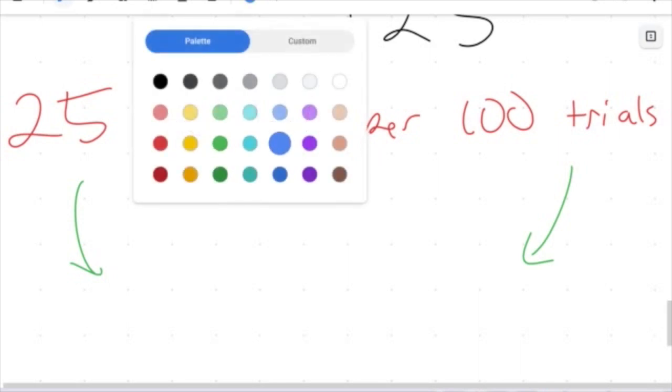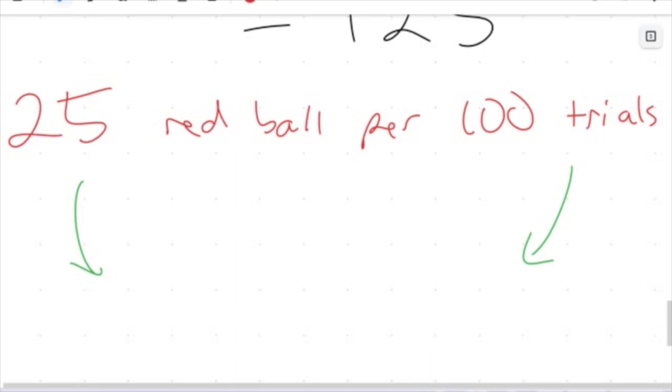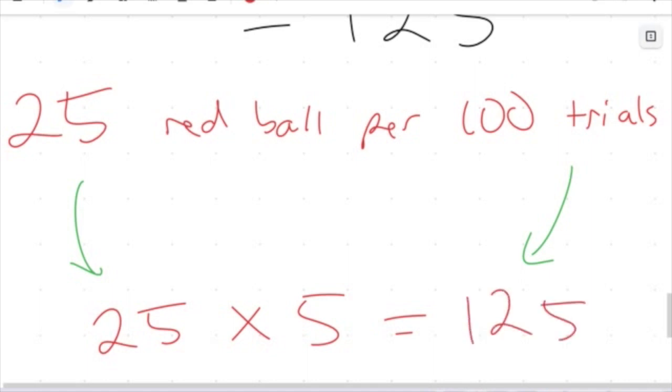So to get this thing here, we're going from 100 to 500. So we're increasing the trials by a factor of 5. So we can also then take my 25 and just multiply it by the number of trials. So I can just take my 25 that I had previously and say, well, I'd expect, since we're doing 5 times more trials, I'm expecting 5 times more red balls. And when you do this multiplication, once again, you will get 125 here.